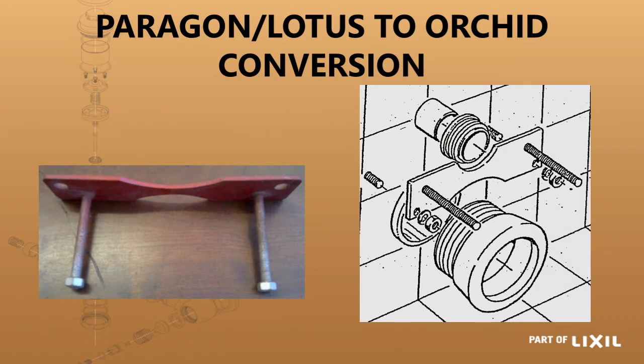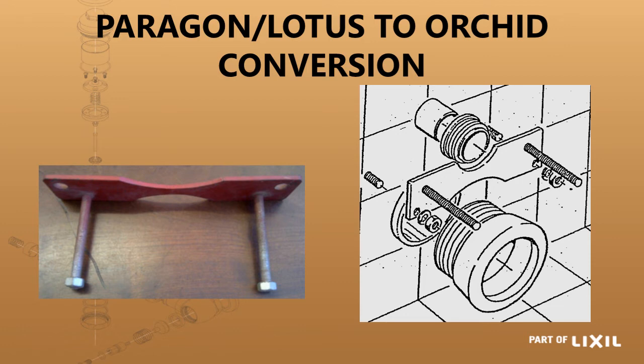If we have a look at the conversion from the old PARAGON pan as well as the LOTUS pan to use the ORCHID pan, you would cut off the cradle bracket that the Paragon and the Lotus had. Cut that off flush with the wall. You would then insert this, which is called the ORCHID conversion bracket, and attach that to the wall.